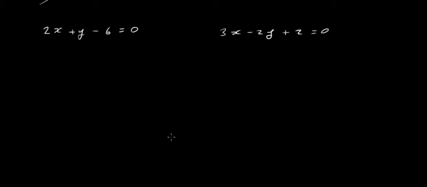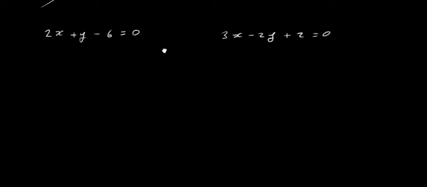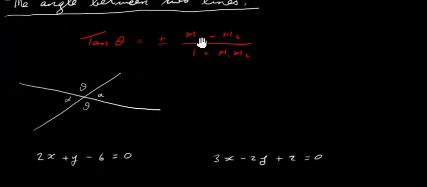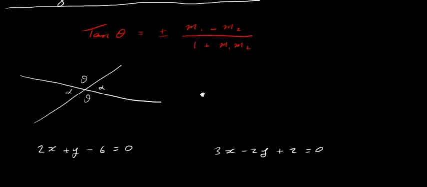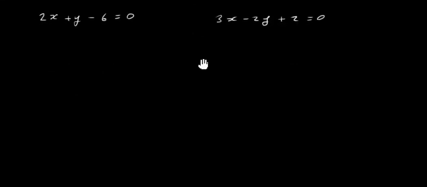These are two straight lines, and what I want to do is find the angles between these two lines. In order to do this, if you look at the formula again, what we've got is m1 and m2. These are the slopes of the lines. So what we've got to do is find the slopes of these two lines, and then just put them into the formula and work out our angles.